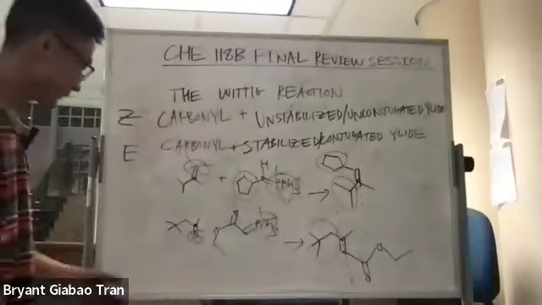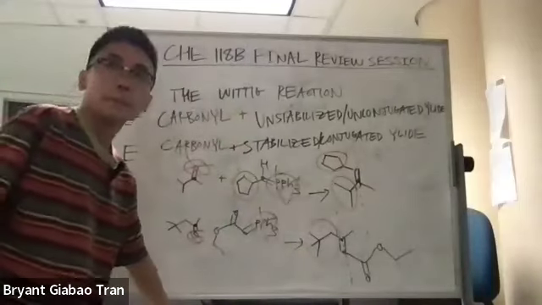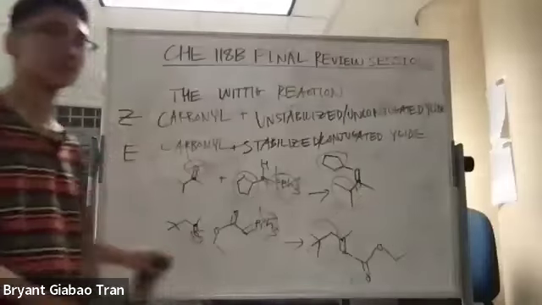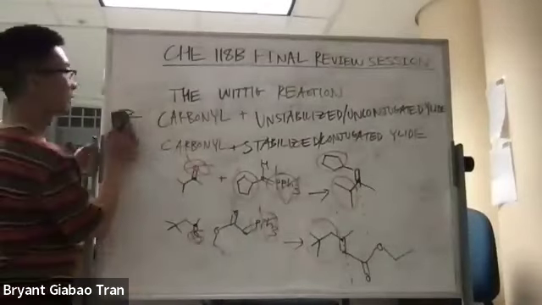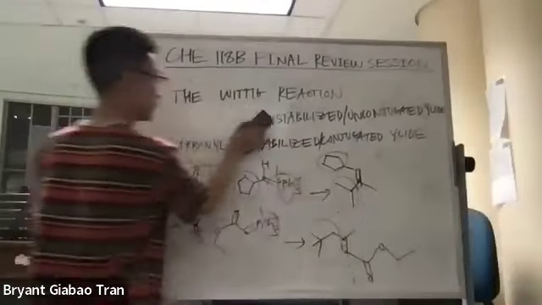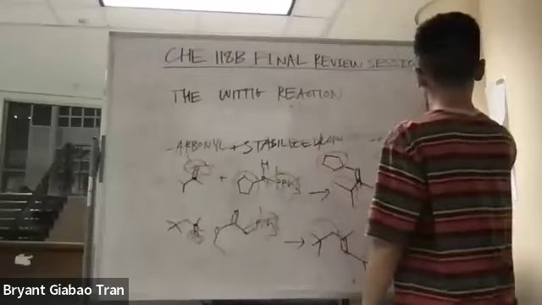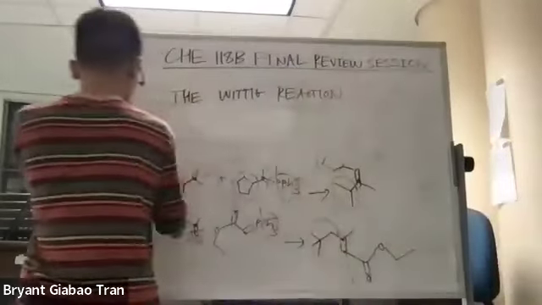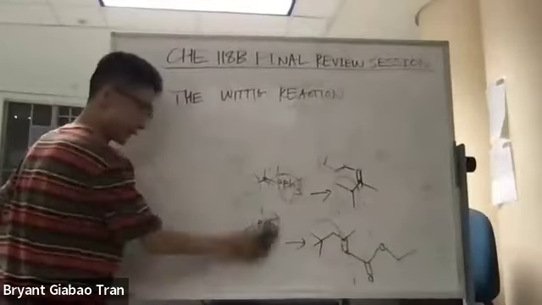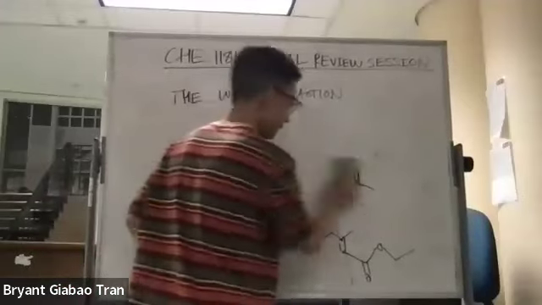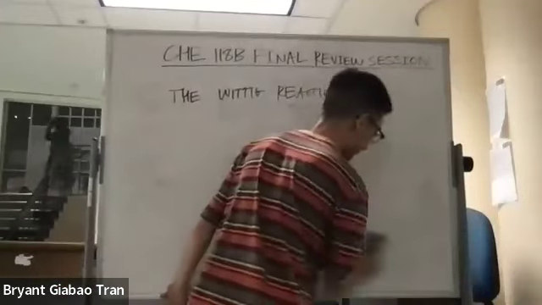Okay, let's go over the mechanism of this. And I will also show you guys how to make the ylide from a haloalkane. Wait, let's go over that first, actually.